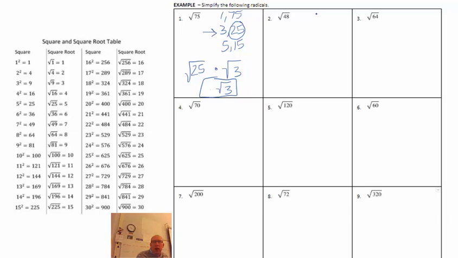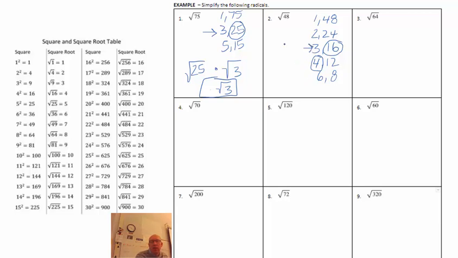Our factors of 48 are 1 and 48, 2 and 24, 3 and 16, 4 and 12, finally 6 and 8. In this case, we have two values in different factor pairs that are perfect squares. My advice to you is to pick the factor pair that has the largest perfect square in it.